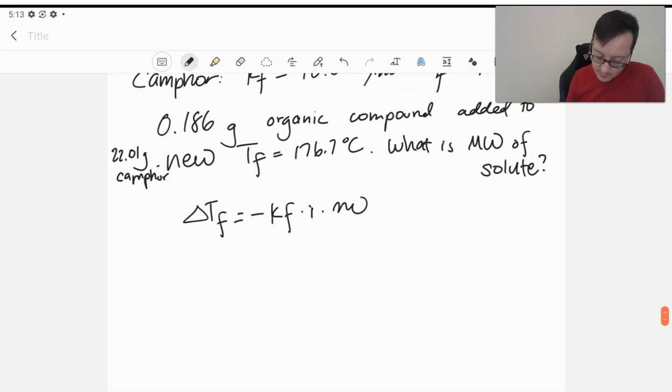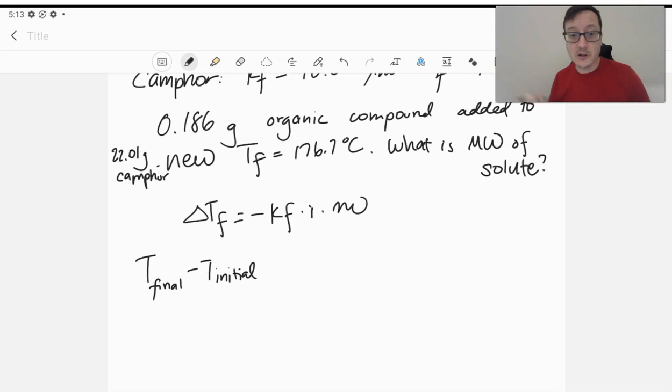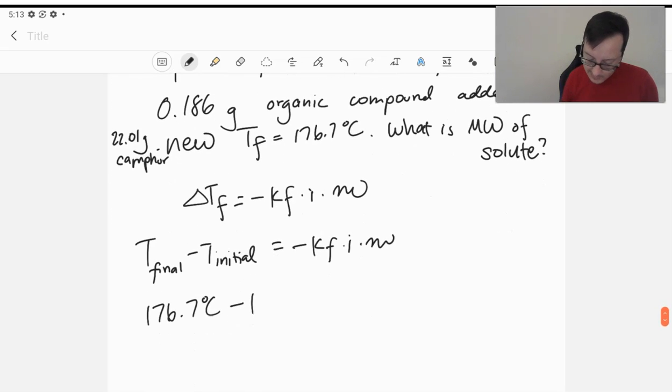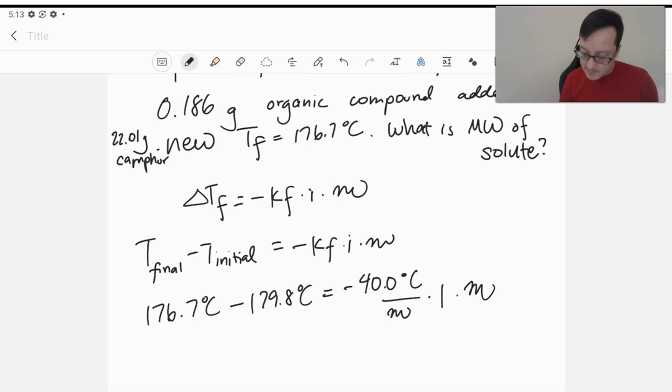So delta Tf is our final minus initial, or original, freezing point, which equals negative Kf times i times m. So we have 176.7 minus 179.8 equal to negative 40, plugging in all our values, times 1 times the molality.